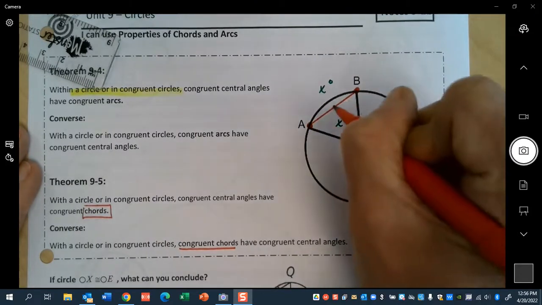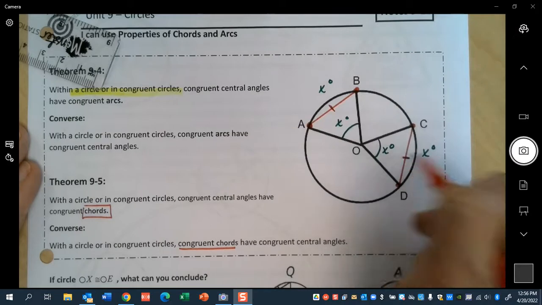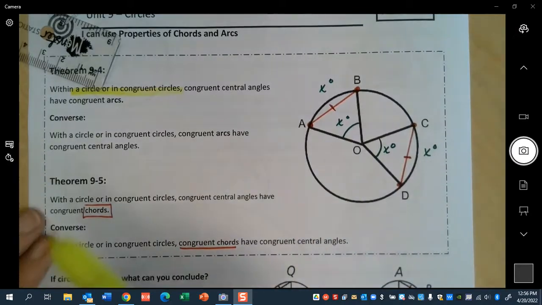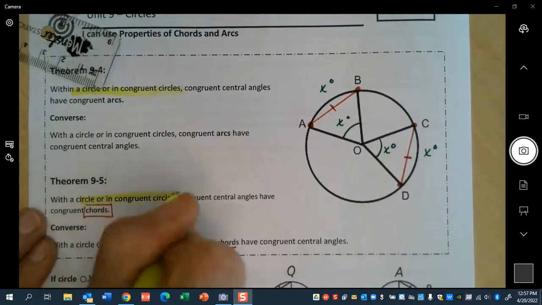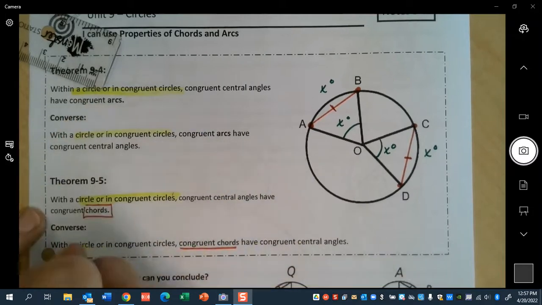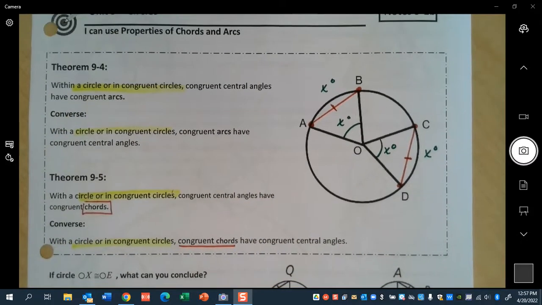And this is what we care about, and this is why this phraseology, within one circle or congruent circles, matters so much. And again, I don't know why sometimes the converse is tucked in, and sometimes it's its own freestanding theorem. It's a mystery to me too.